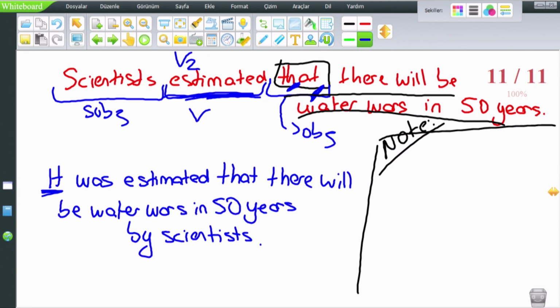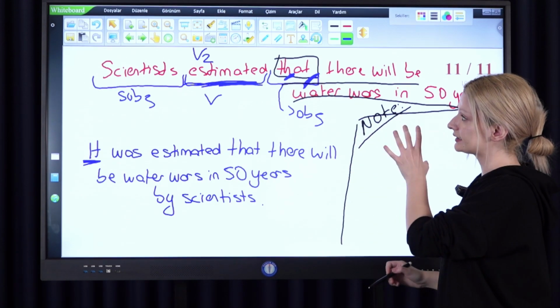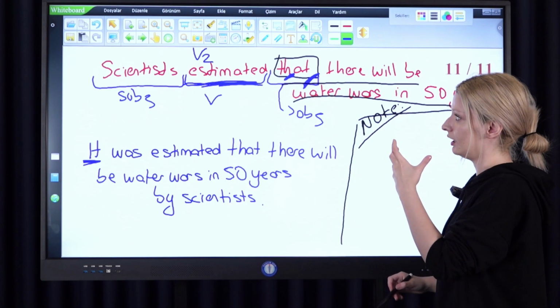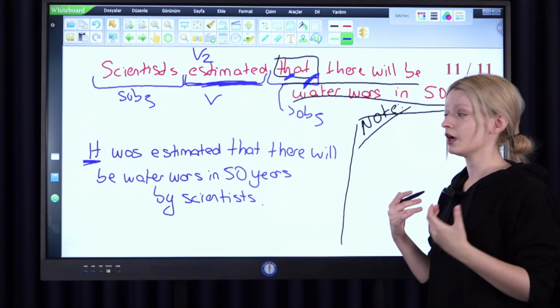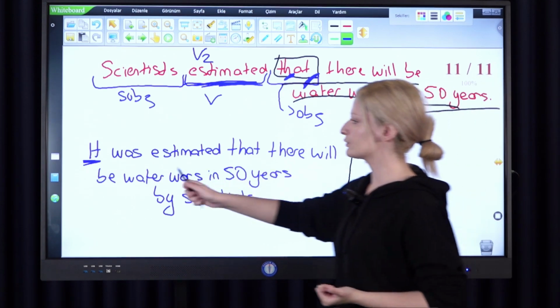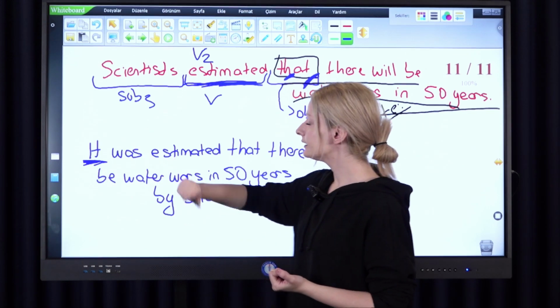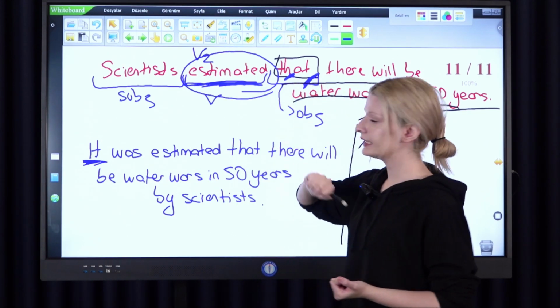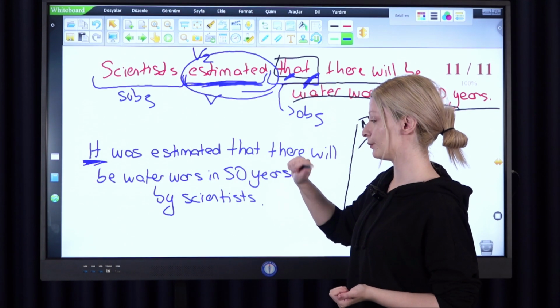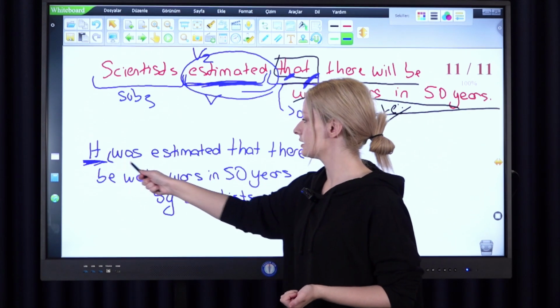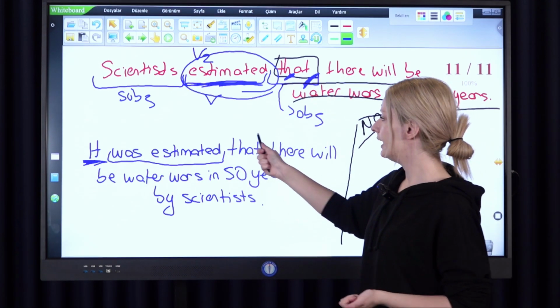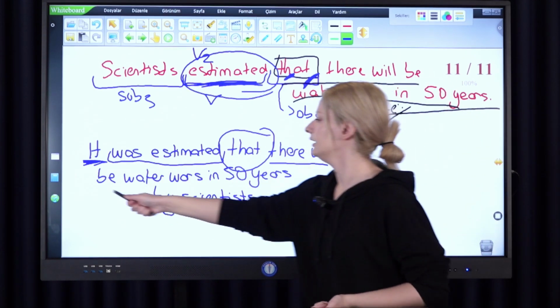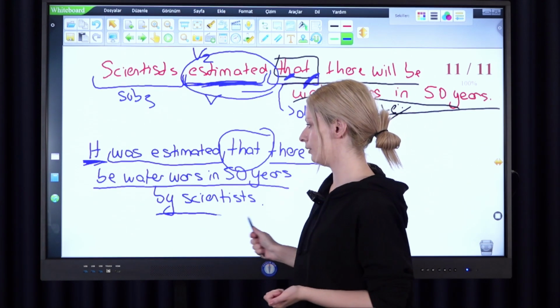So if you come across an example in which the object of the sentence starts with that and there's an explanation after that according to the object, you are going to start with it, then take the main verb of the sentence and go on with that one, and then explain the object.